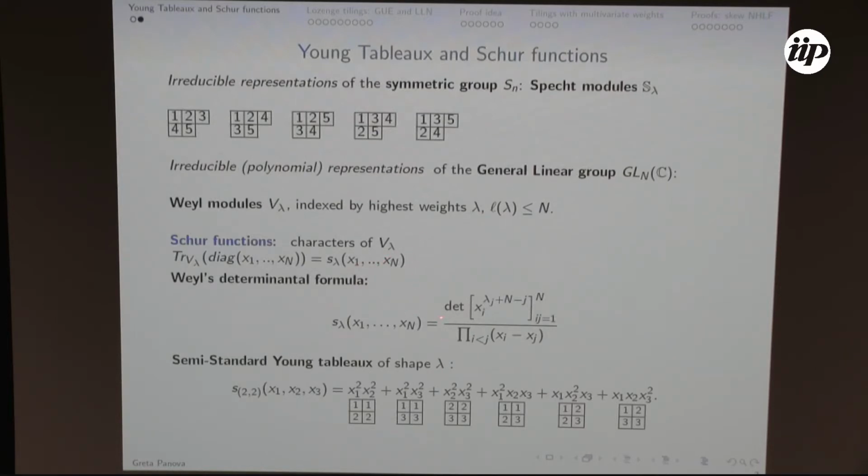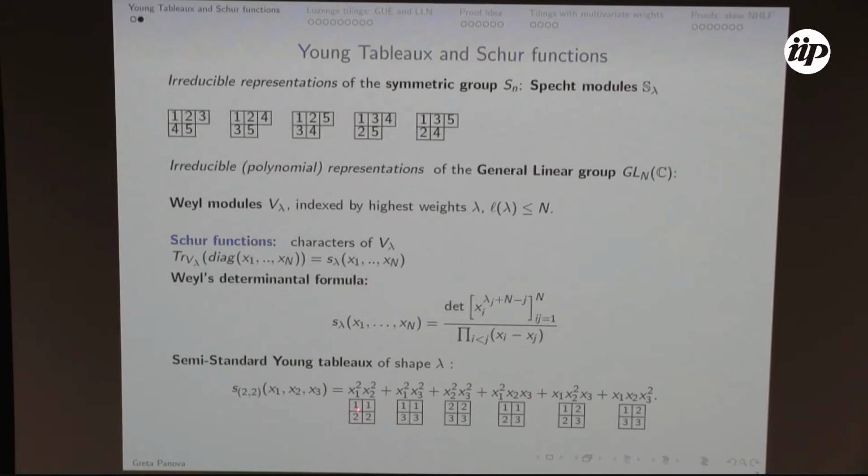One can define them, forgetting about all the representation theory, with this ratio of determinants, Weyl's determinantal formula, or, from the point of view of combinatorics, and this is what we will also use, we can define them with the notion of generating function. So we go over all semi-standard tableaux of shape lambda.